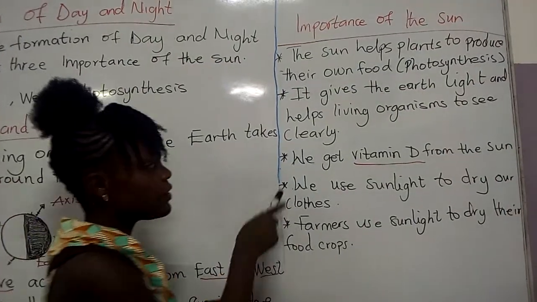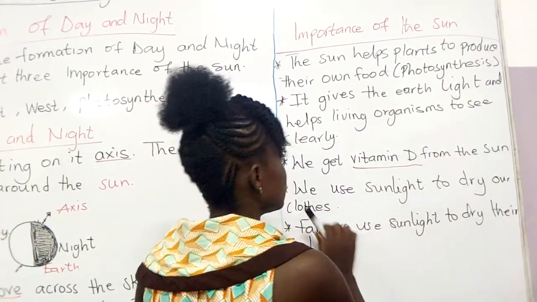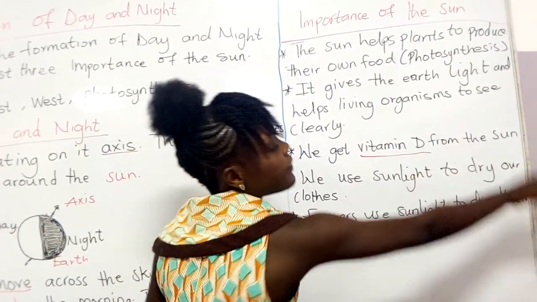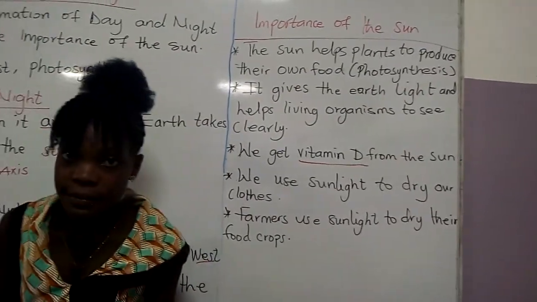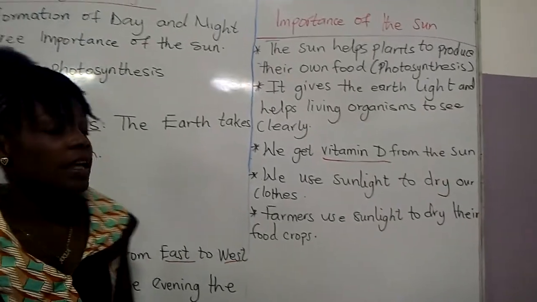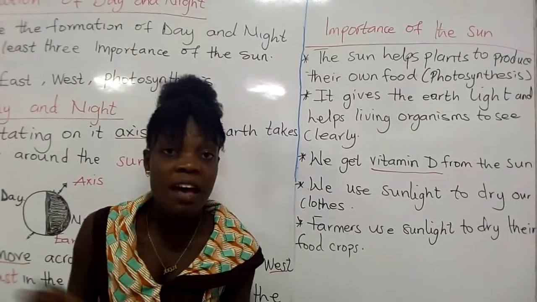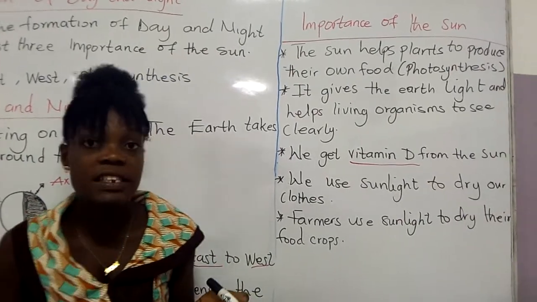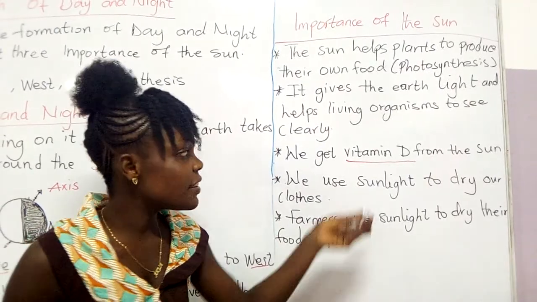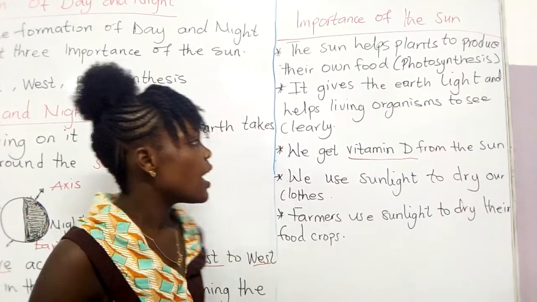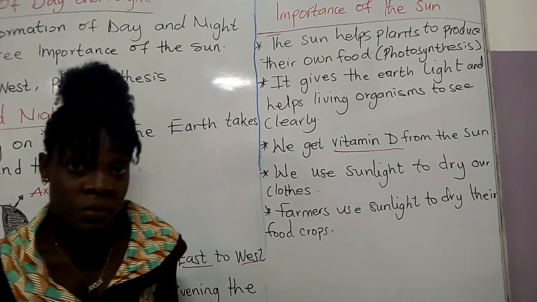Now our next point is we get vitamin D from the sun. Vitamin is one of the nutrients that we get, and the sun gives us the vitamin D. We have A, B, C, D, E, K. With the sun, it gives us the D. And with that one, it means that we get energy from the sun, right?